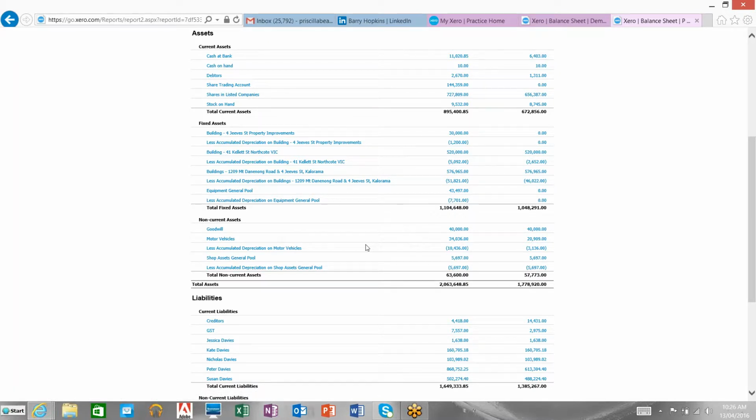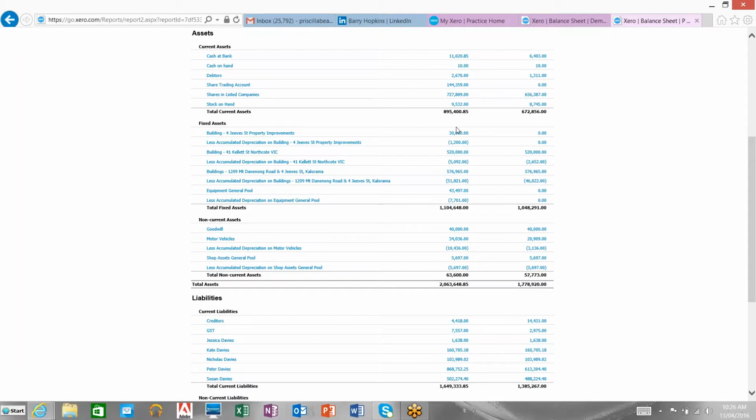Now, accumulated depreciation is allowed to come up with a minus in an asset area, but not much else. If you see a minus in the asset area, except the depreciation lines, you will have to analyze that because it means something went wrong.